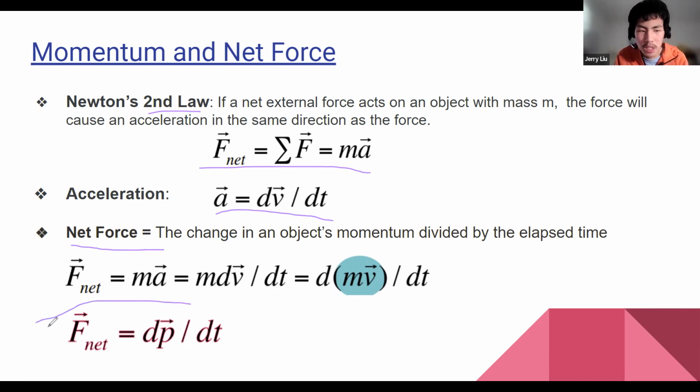This was his original writing. This was the original formula he stated in, I think it was his Principia, if I remember correctly. That was the first way of expressing the second law of motion, because the derivative of P, or the derivative of mv, is ma, so it's still the same formula.